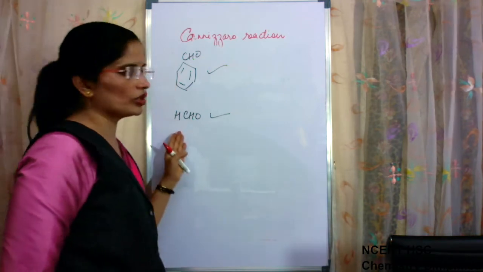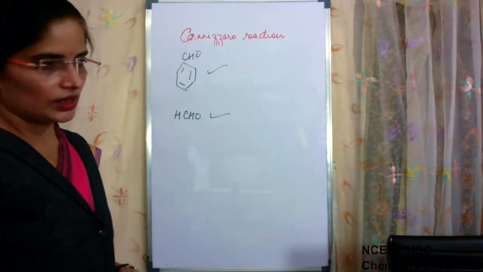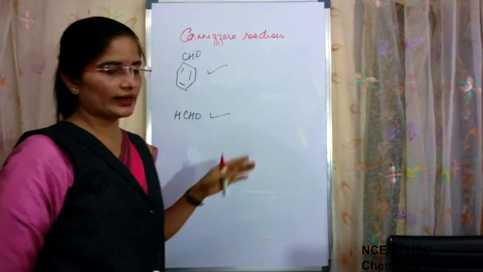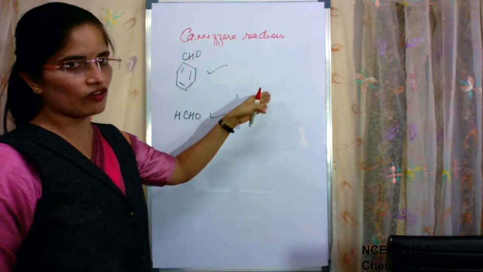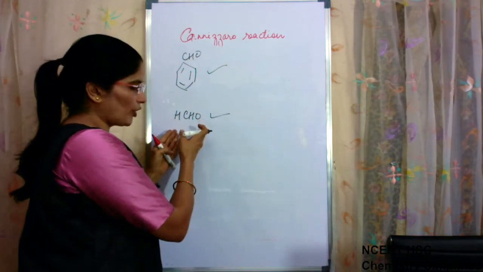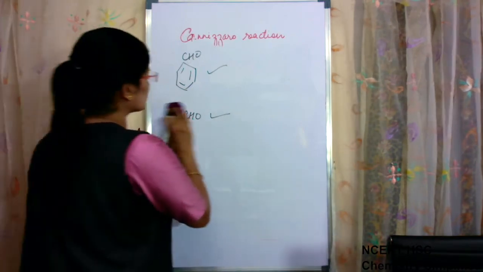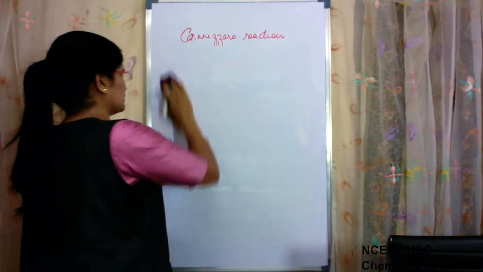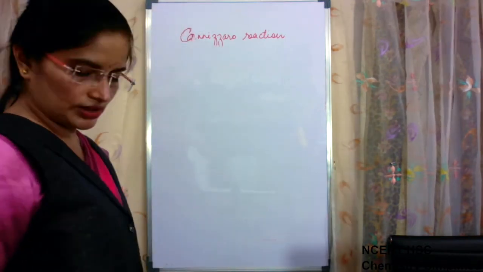So these two molecules only can give this reaction. And again the molecule should be identical. That means if we are using benzaldehyde, the other molecule should also be benzaldehyde. If we are using formaldehyde, the other should also be formaldehyde only. Now we will write the reaction. Understanding the conditions is important. The reaction is simple.